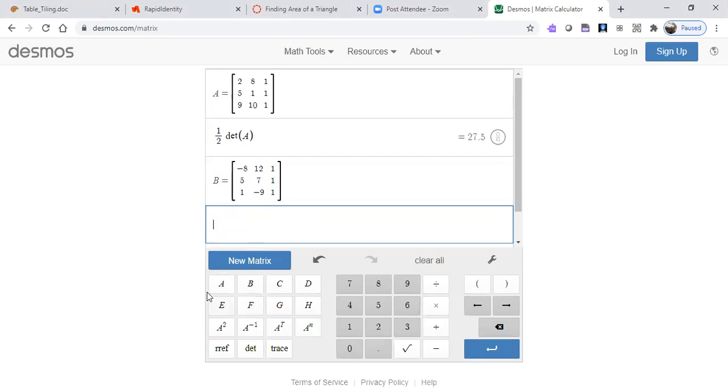Yeah, so if I switch those and now I do 1/2 of the determinant of B, see how it comes out negative 114? So if that's the case, that's fine. Just remember that the answer is going to be positive for area. So depending on how you order them, sometimes it might come out to be negative. No big deal. The answer is 114. That's it.